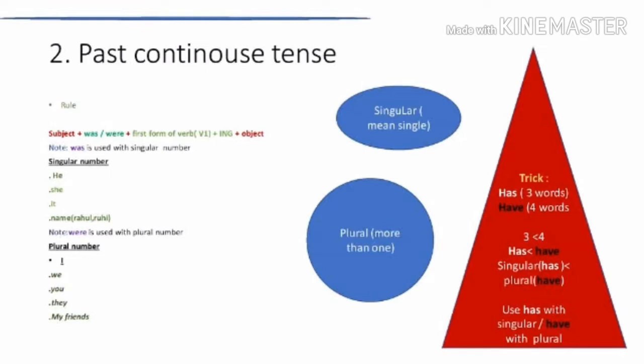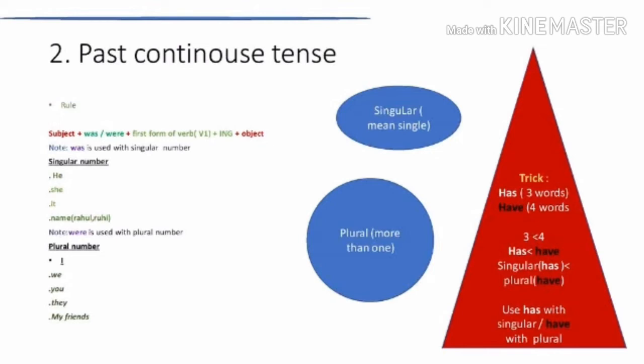Okay, and the rule of past continuous tense is subject plus was, were plus first form of verb, and we use ing with it, plus object. You can see I highlighted was and were, because was is used with singular number, and the singular number is he, she, it, and any name.